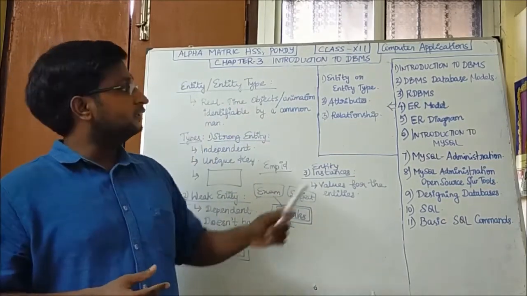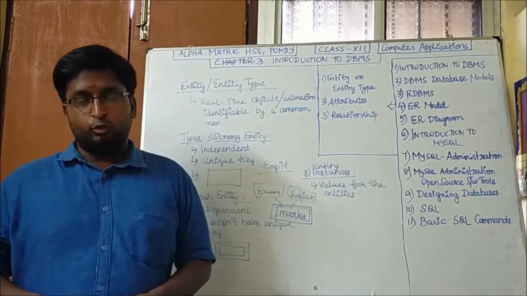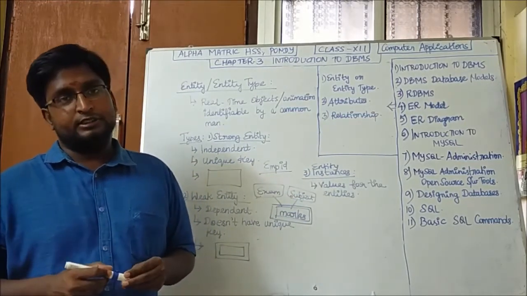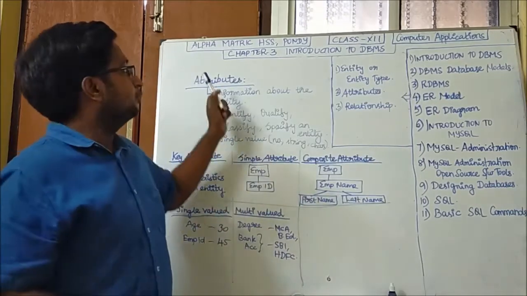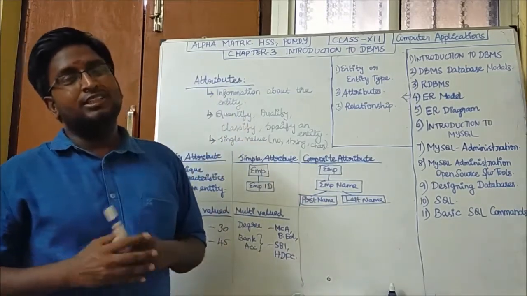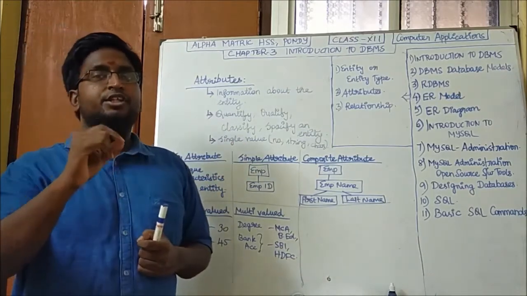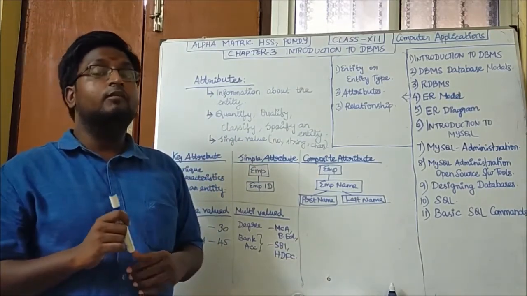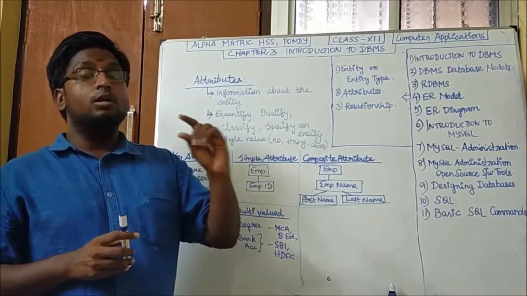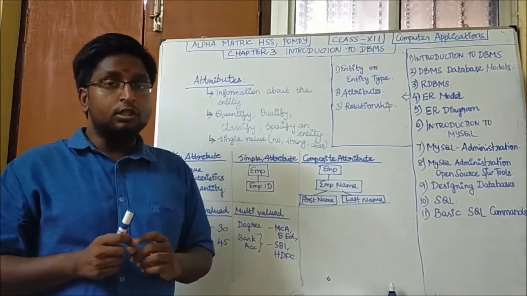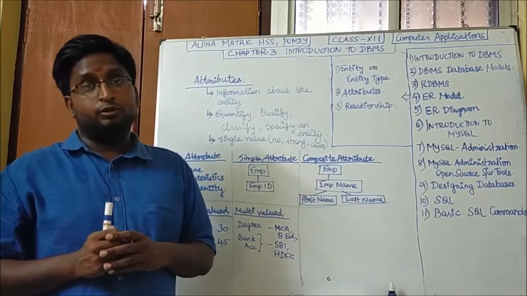Next we will see the attributes. What are all the attributes available in the ER modeling concepts? What is an attribute? An attribute is information about the entity. We have already seen that a column in a table is also called an attribute.